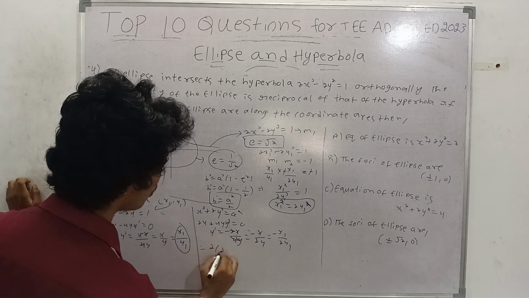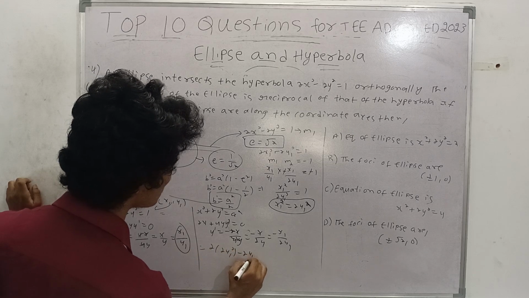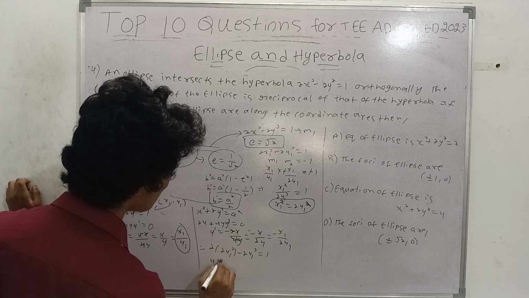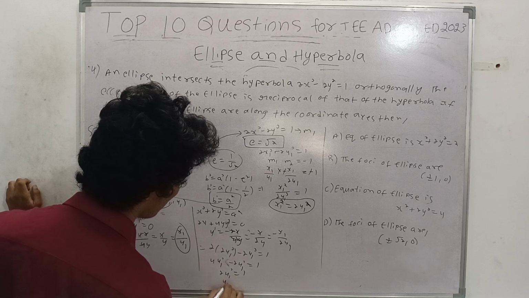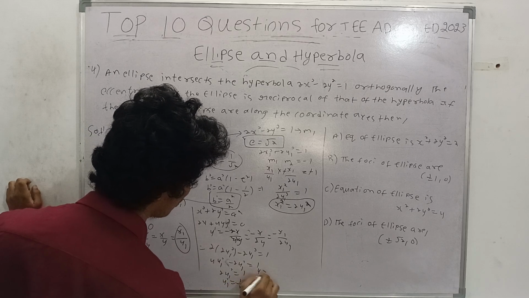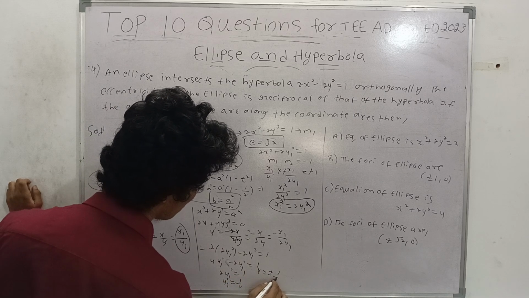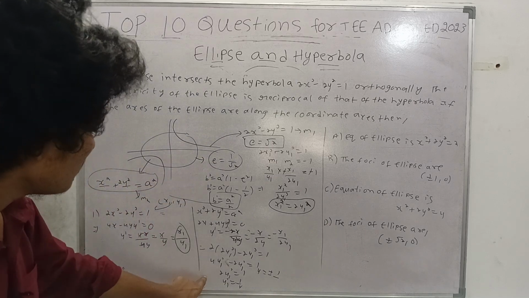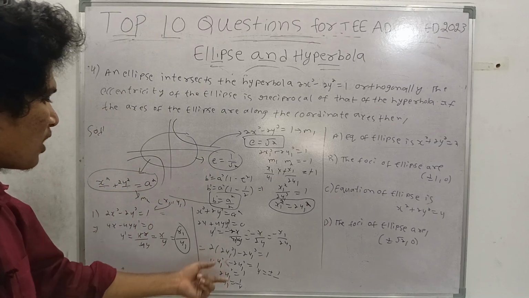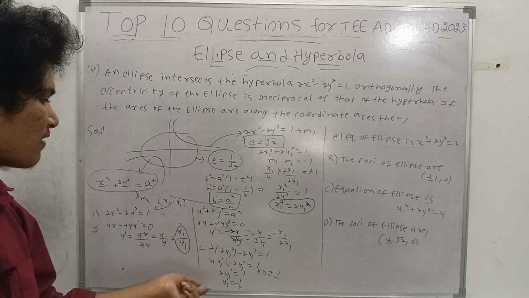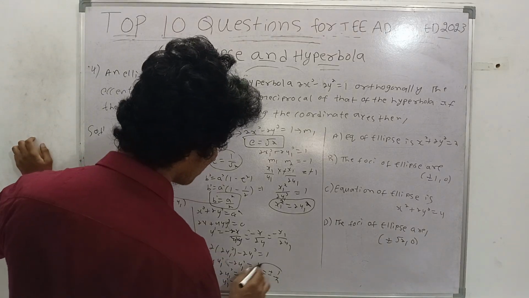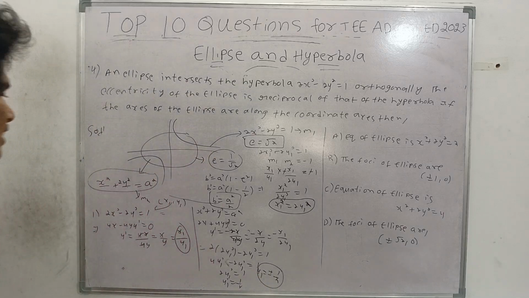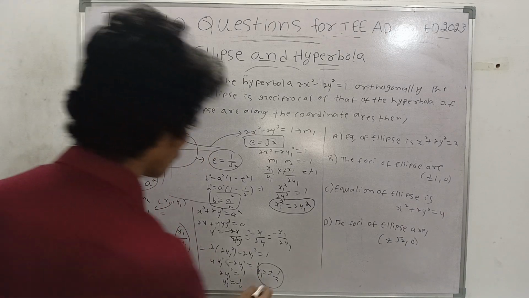So 2 into 2y1 square minus 2y1 square equal to 1. 4y1 square minus 2y1 square equal to 1, 2y1 square equal to 1, and y1 square equal to 1 by 2, so y1 equal to plus or minus 1 by root 2.